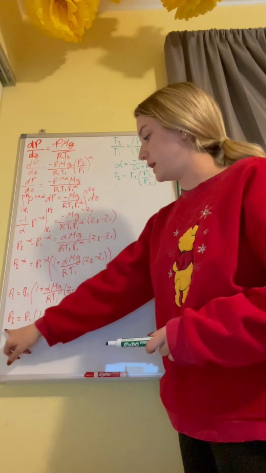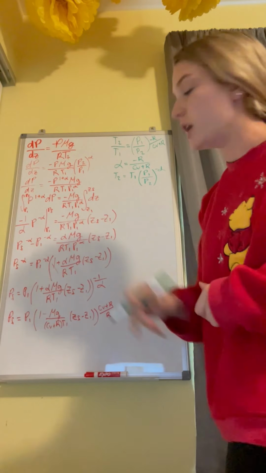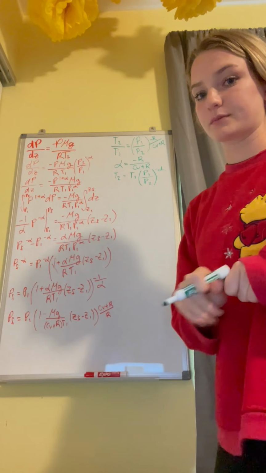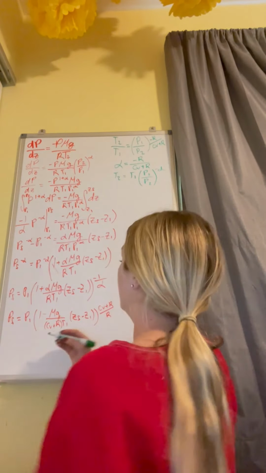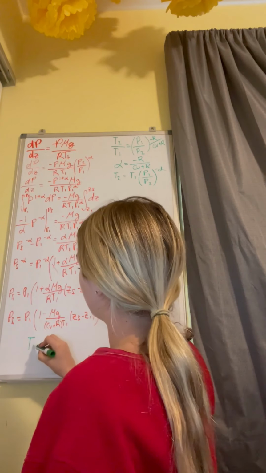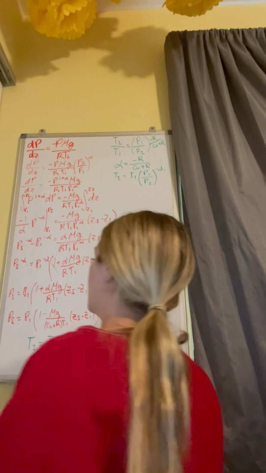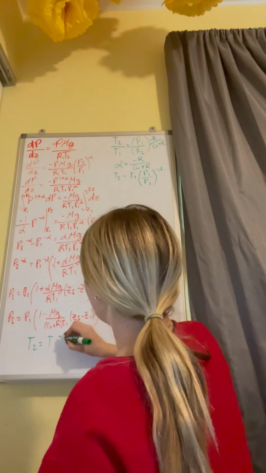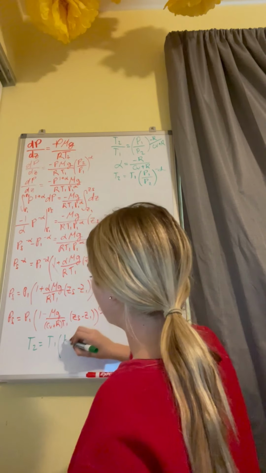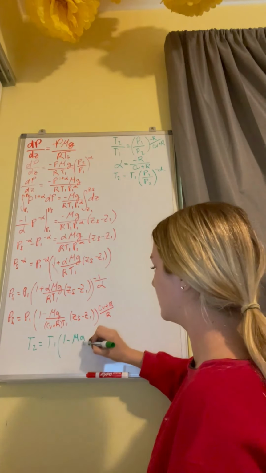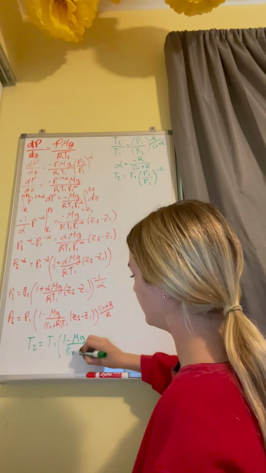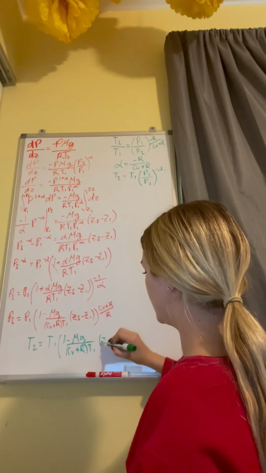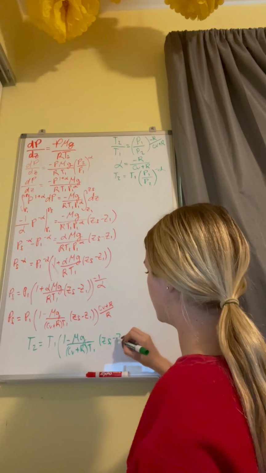So now we can see that we have pf here and p2 here. So we can actually come back up here and plug this equation in for p2. So we are going to get T2 is equal to T1, and we can see that the P1 here and the P1 here would both cancel, and we are going to get 1 minus mg over CV plus R times T1, times ZF minus Z1.